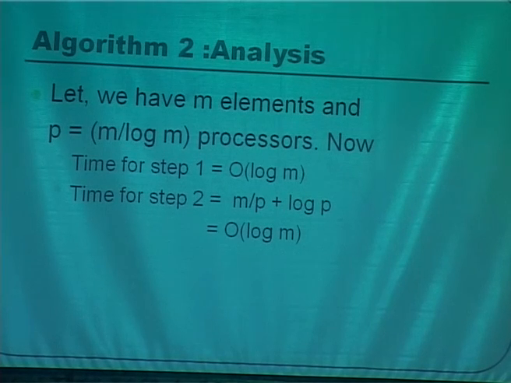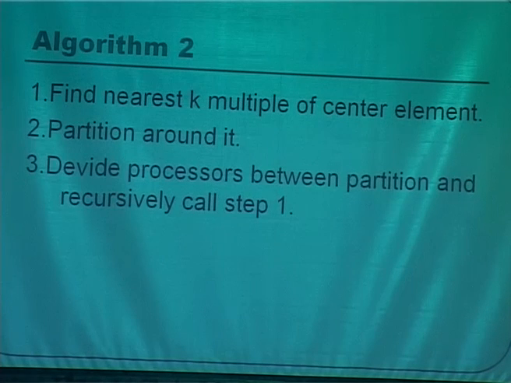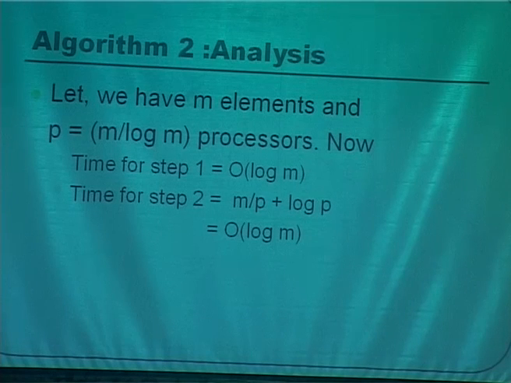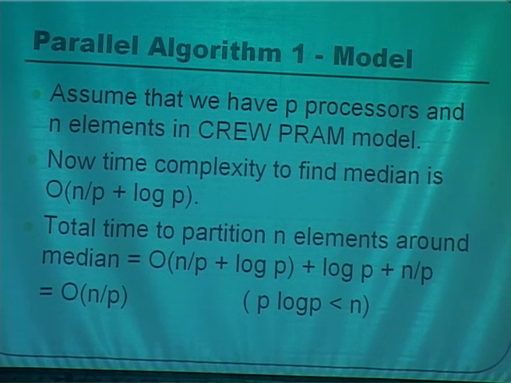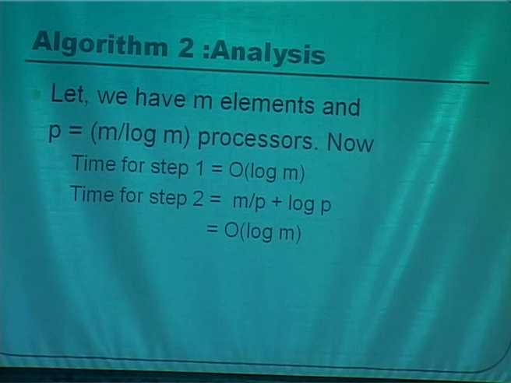Now the analysis. In case we have m elements and p is equal to m by log n processors, the time for step 1, finding the nearest k multiple of the center element, will require order log m time, using m by log n processors. The time for step 2, similarly as I explained earlier, partitioning will come as m by p plus log m log p, which is still order log n.